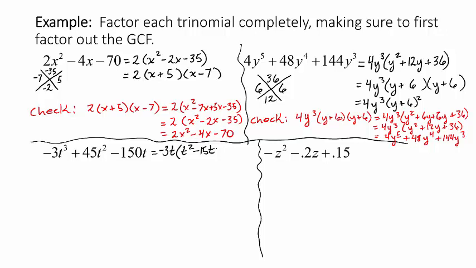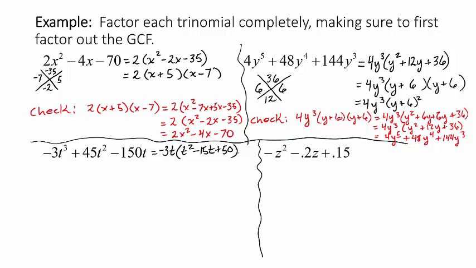Negative 3t times negative 15t is positive 45t squared. Yes. And now we also have to pull out negative 3t from negative 150t. 3 times 50 is 150, so we're going to have plus 50, and we're pulling a t out too, so just plus 50 there at the end. Negative 3t times 50 is minus 150t.